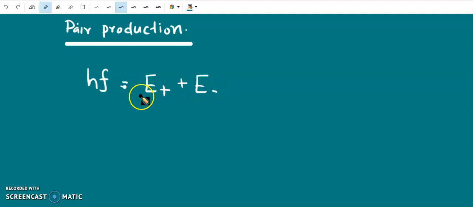We know that the relativistic energy is equal to the rest energy plus kinetic energy. So for the positron, it is m_p c squared plus the kinetic energy of the positron.